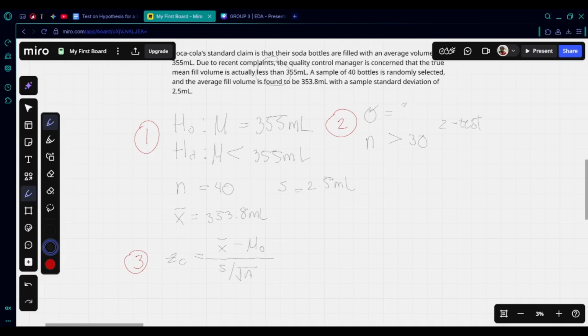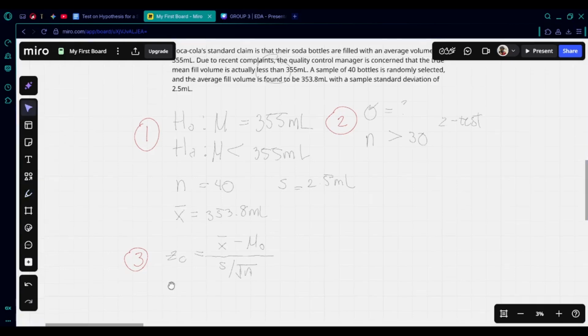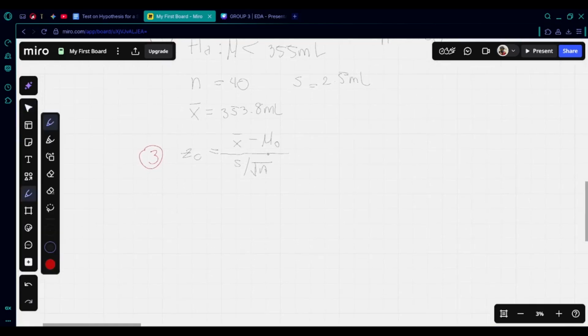Next, we will now be substituting the given to the formula. So we have a mean of 353.8 ml minus the mean of 355 ml over a standard deviation of 2.5 over the square root of 40.